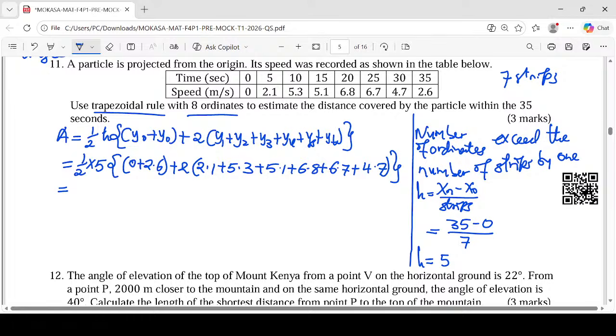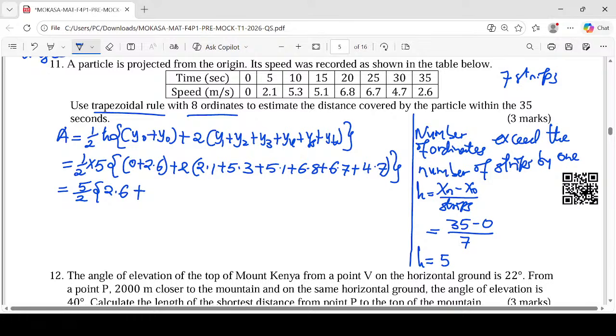A half times 5, that's like saying 5 over 2 being multiplied, we have here 5 over 2. Then you open your pair of curly brackets. 0 plus 2.6, this will be 2.6 plus, let us sum these middle values here. That is 2.1 plus 5.3 plus 5.1 plus 6.8 plus 6.7 plus 4.7.